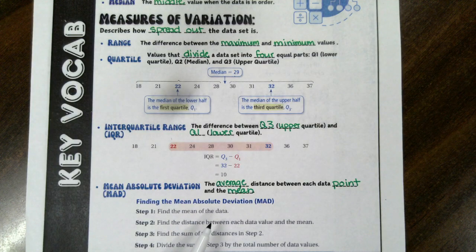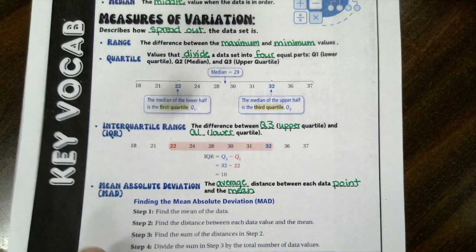Mean is the average: we add it all together and divide by how many numbers there are. Then you're going to find the distance between each data value and the mean. Step 3, you're going to find the sum of the distances in step 2, so you add those distances together. Then you're going to divide the sum in step 3 by the total number of data values. We'll look at that a little bit more in this lesson.